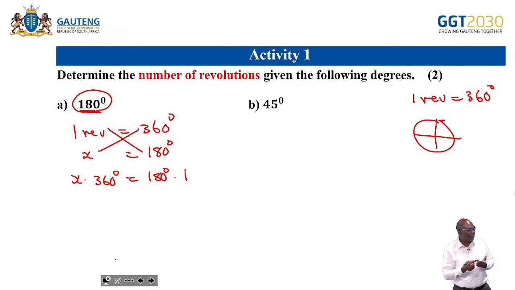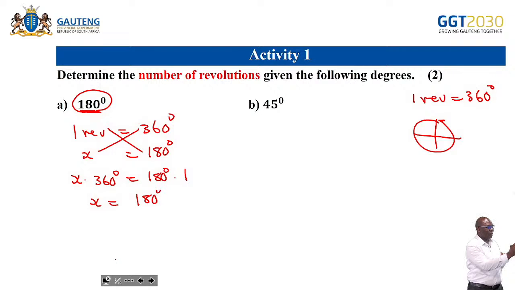Now I need to find the value of X. So X will be equal to 180 degrees divided by 360 degrees, and I'll get X equals 0.5. And this will be revolutions.